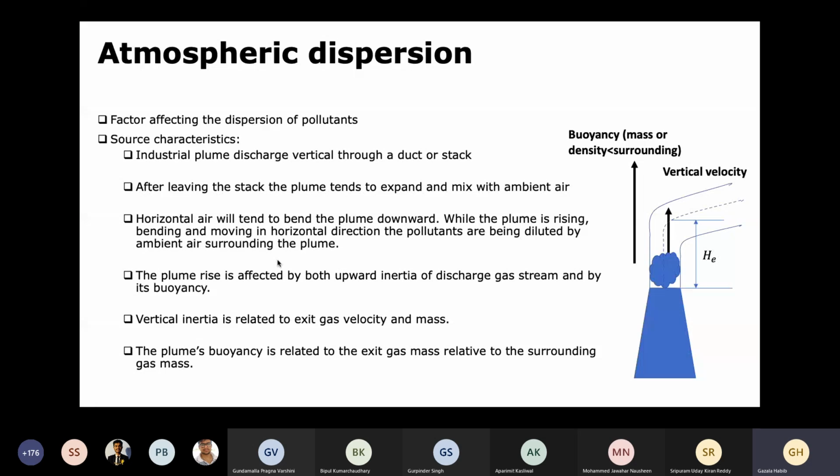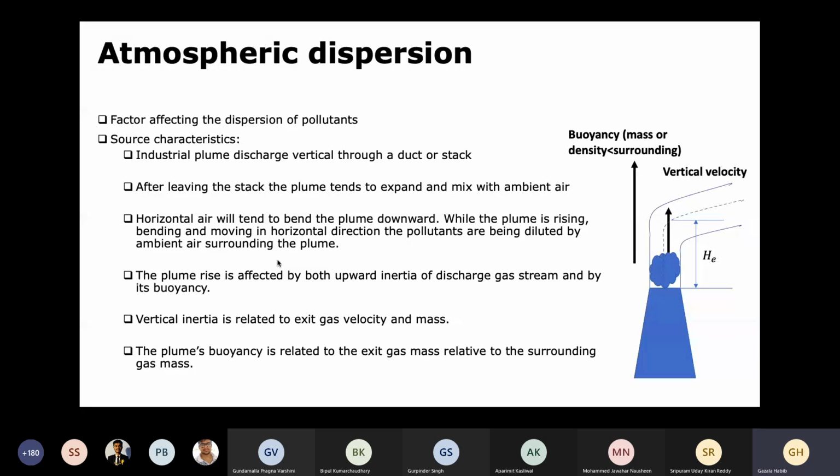Buoyancy means the difference in density of the plume which is coming out from the stack and the surrounding air. So that will put another force on the plume, which is the drag force. So these two factors will also affect the dispersion of the plume, and these factors, velocity and density of the plume, depend upon the characteristics of the source.